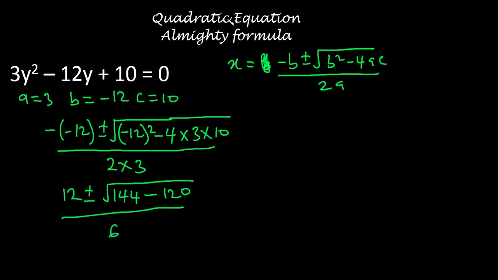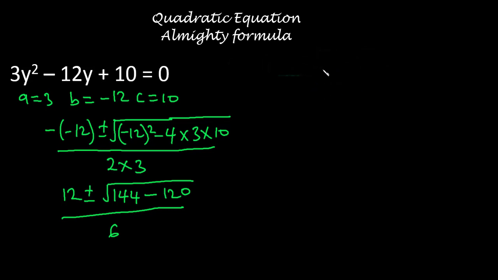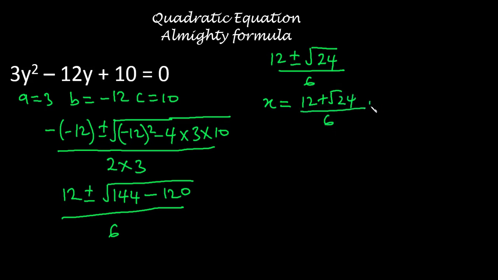Now let me quickly clean up this part so we can continue from here. So let's continue. So when we have this, we have 12 plus or minus square root of 24 over 6. So that's our x. Our x is equal to 12 plus root 24 over 6, or 12 minus root 24 over 6.